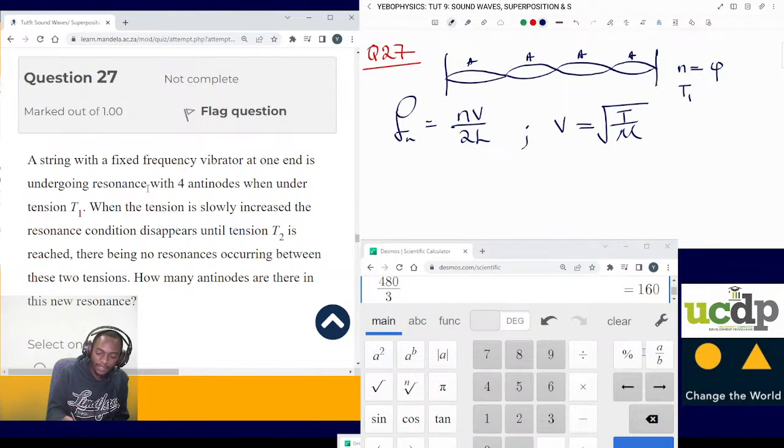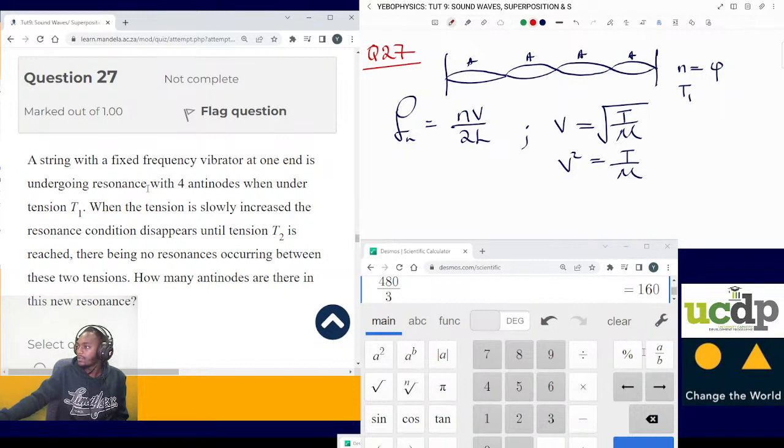So we can simplify to then eventually check how tension relates with velocity. V squared is T over mu. So we see a linear relationship between tension and velocity. Meaning to say, when tension increases, the velocity would also increase.